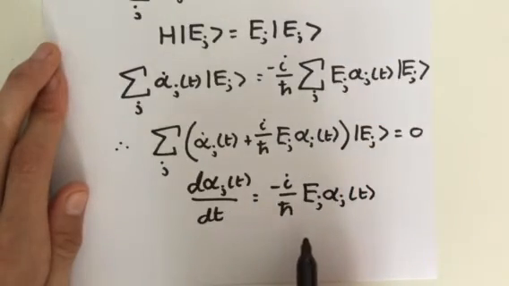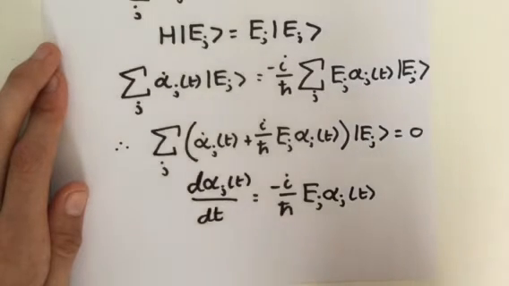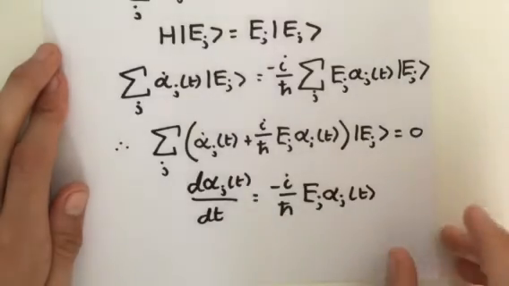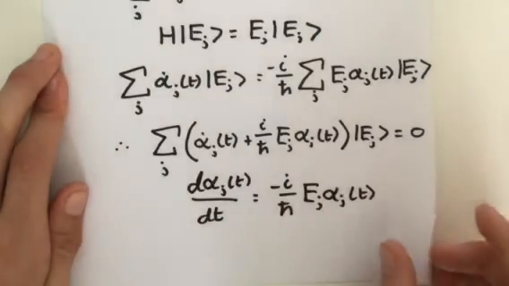That is our differential equation. This is of course similar to the differential equation for an exponential function of time, in this case with an imaginary exponent. So we can very easily work out the solution to this differential equation. That's what we're going to do now.